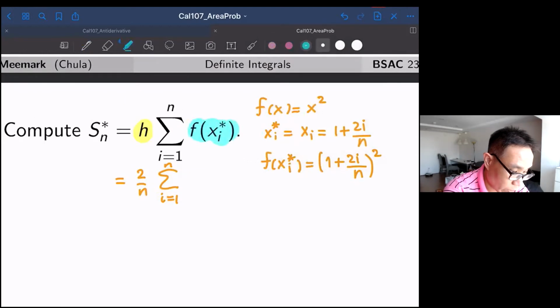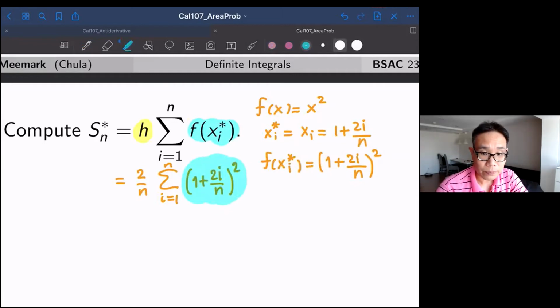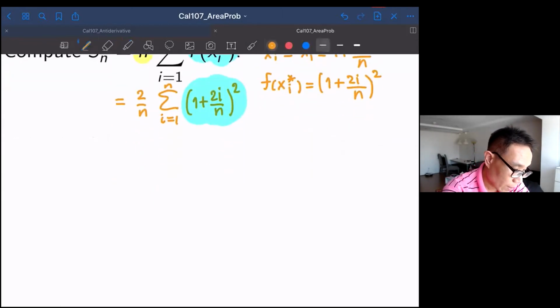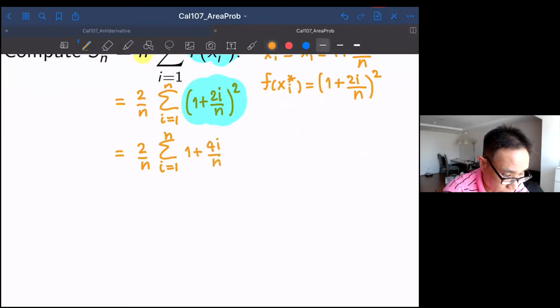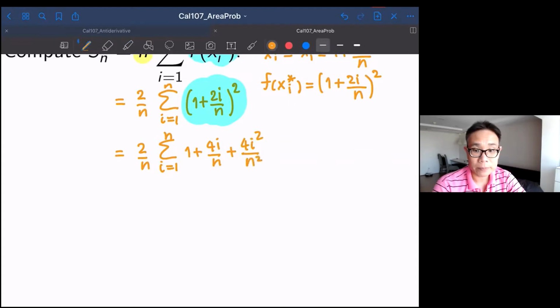Okay, so I'm going to put it into this term. So it's going to be 1 plus 2i over n, squared. So this is what you have. And then what? And then you have 2 over n, sum from i equal to 1 to n. And you're going to expand this guy. So it's going to be 1 plus 4i over n plus 4i squared over n squared.